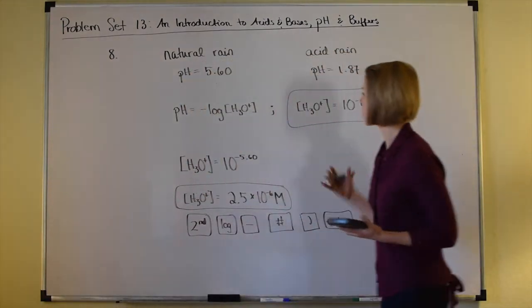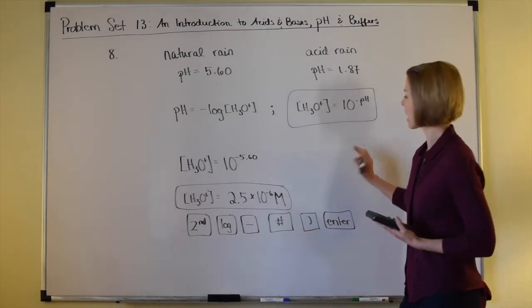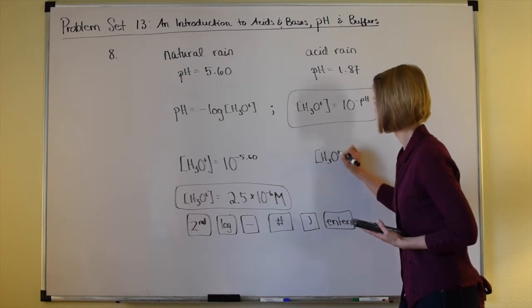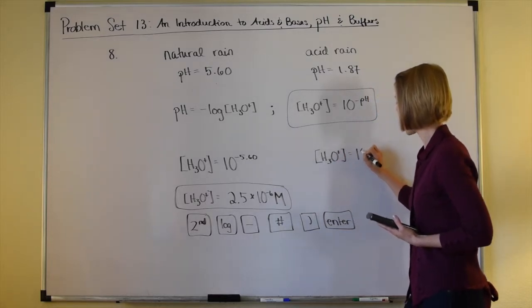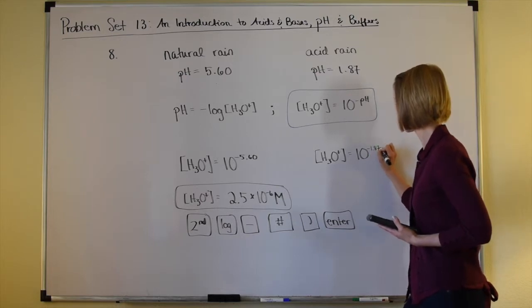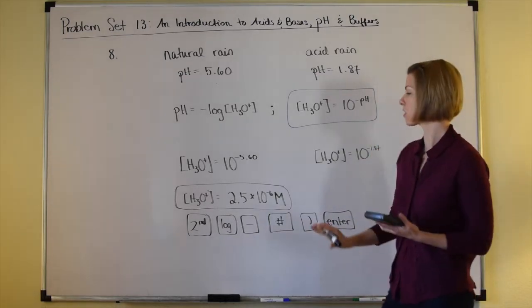Okay, let's do the same thing over here for acid rain. So the hydronium ion concentration will be equal to 10 to the negative pH, so negative 1.87. So I'm going to punch that into my calculator again.